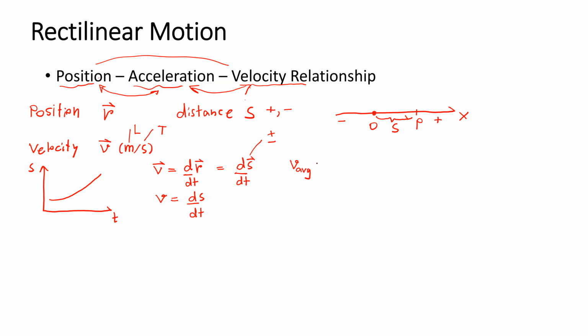The average speed considers only the magnitude of the change in the displacement or the distance over time. We usually use it when the change in the velocity is not so significant over time. We try to assume it as an average speed during the delta t.